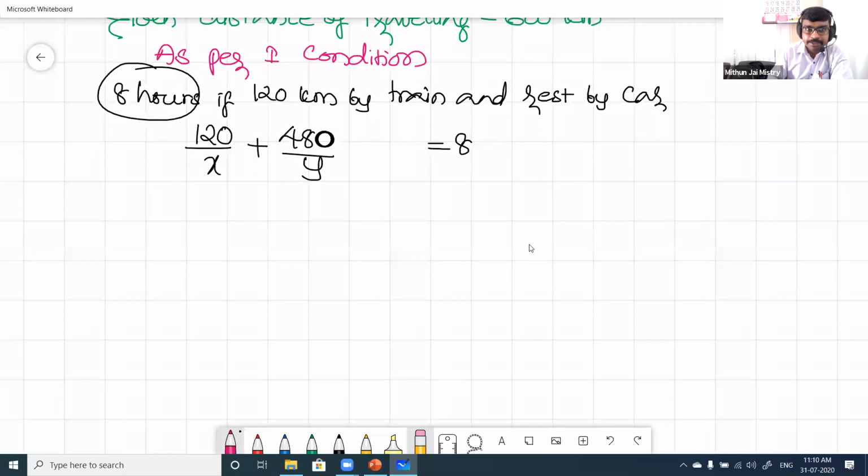Now let me take the second condition. What is the second condition?